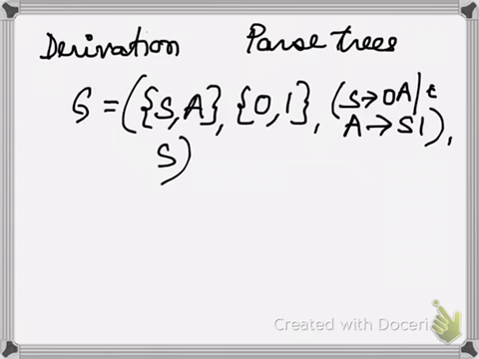To do that we will follow the production rules one by one. Let me write down the production rules here: S derives 0A, S derives epsilon, and A derives S1.